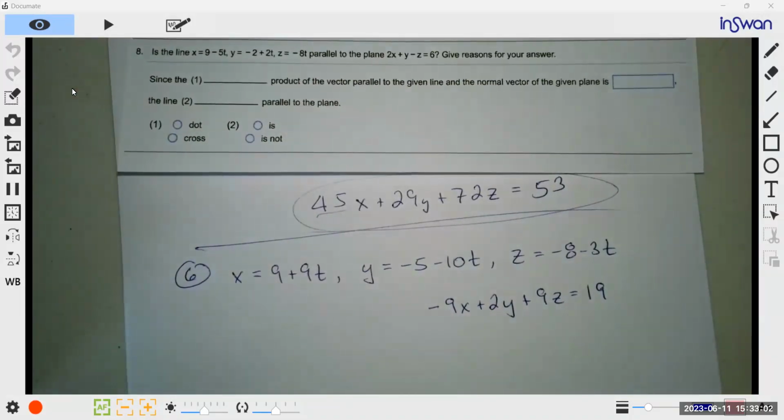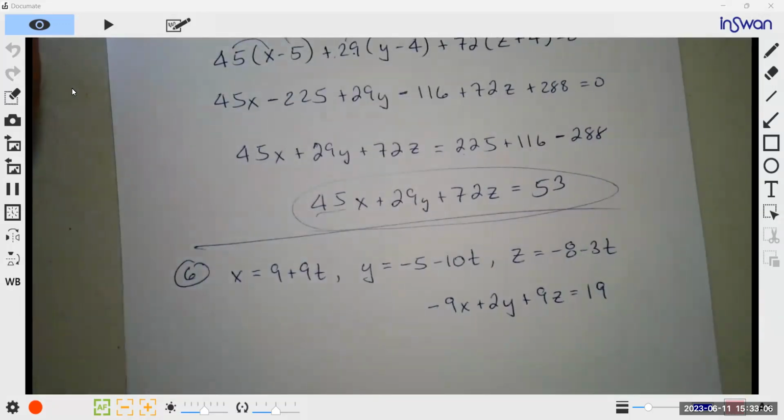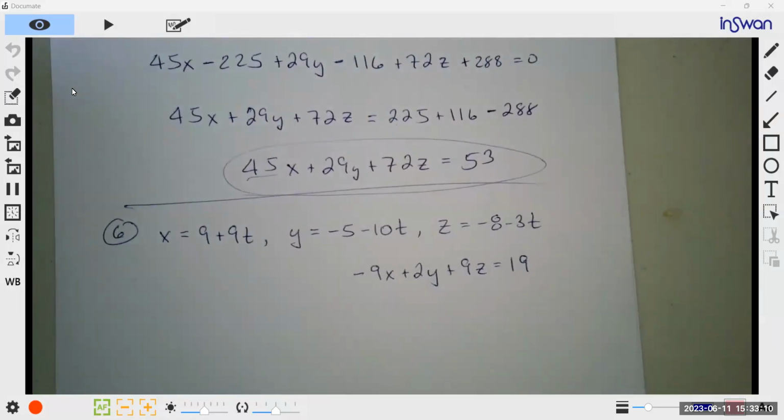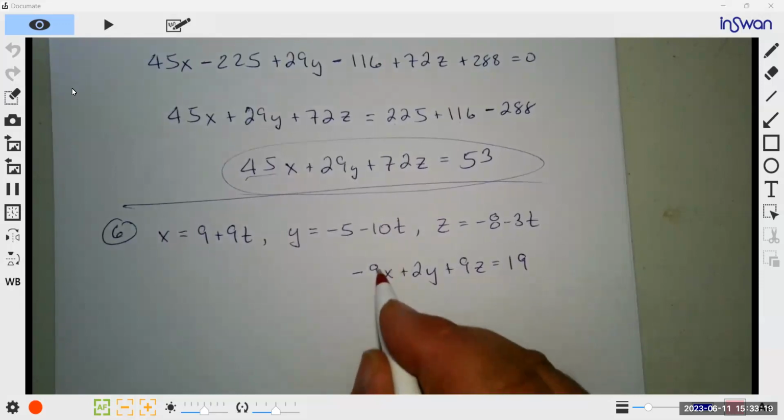We want the point at which the line intersects the plane. This is where we have to combine the parametric equations and the plane.